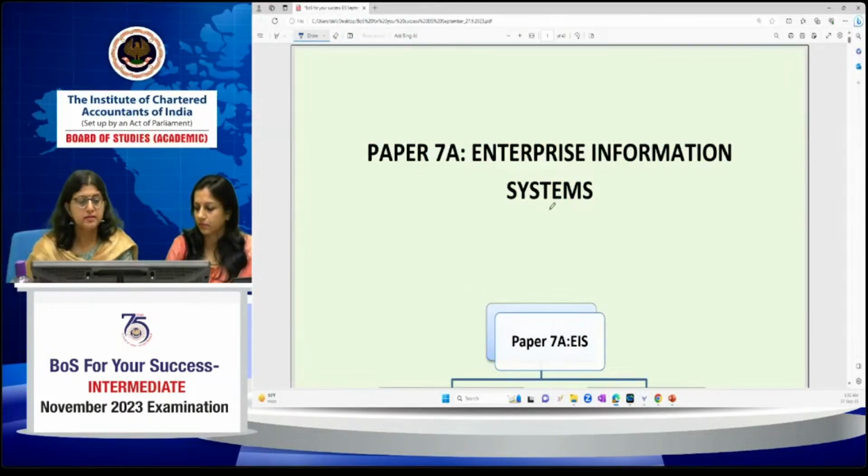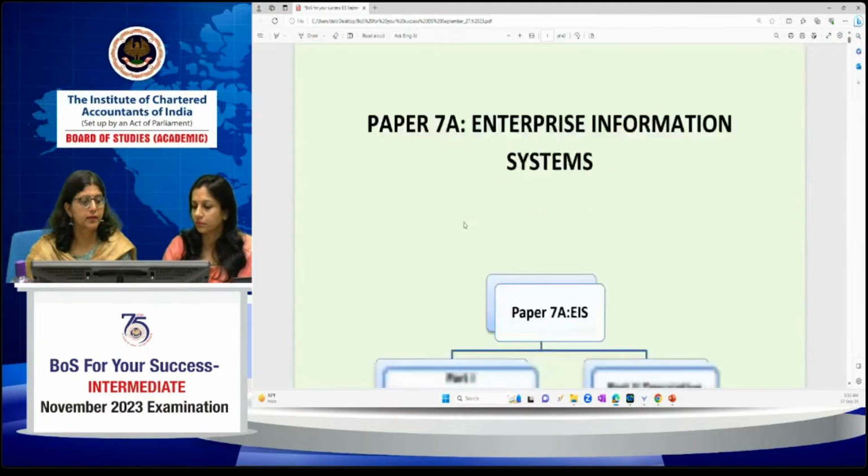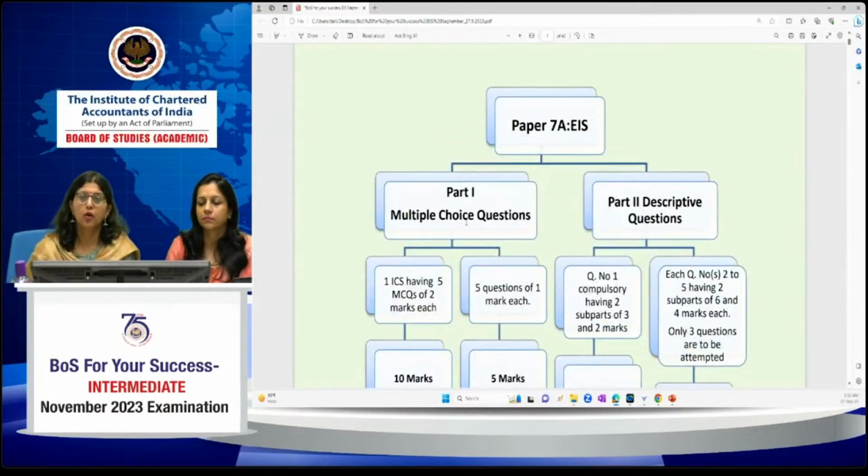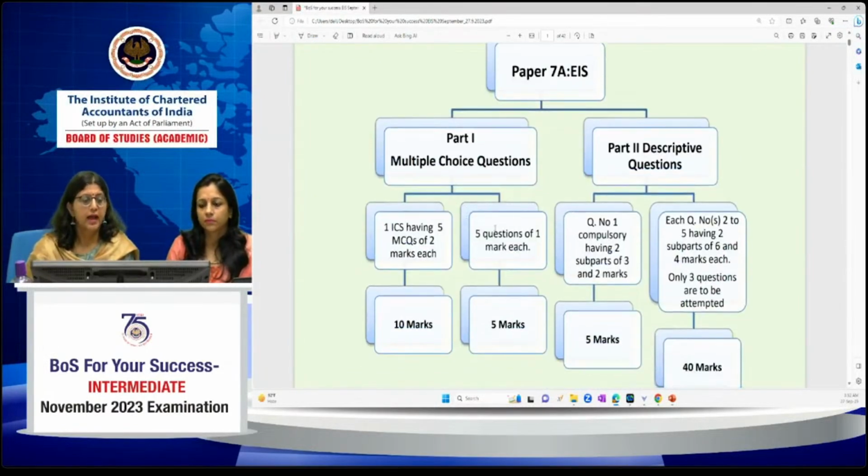So we are aware that Paper 7A Enterprise Information Systems is of 50 marks. And we do know the pattern. The MTP pattern is based on the exam pattern itself.